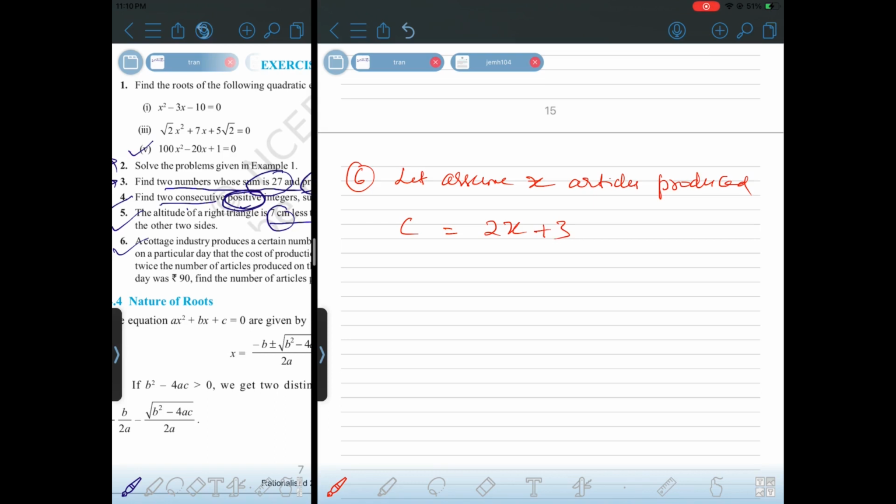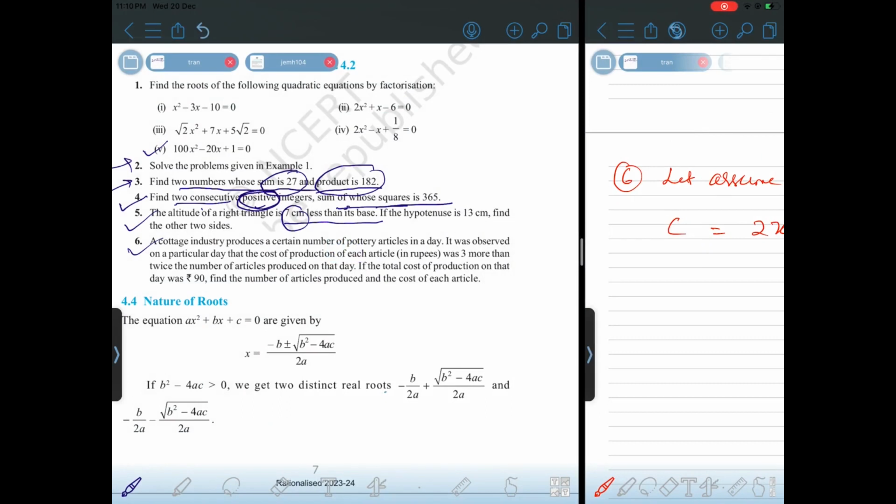Each article costs 2x plus 3, and the articles produced are x in a particular day. And if you read further, it says that if the total cost of production on that day was rupees 90, find the articles produced and the cost of each article.